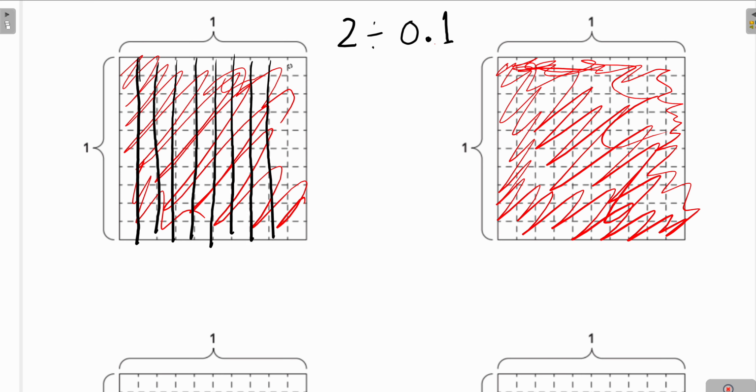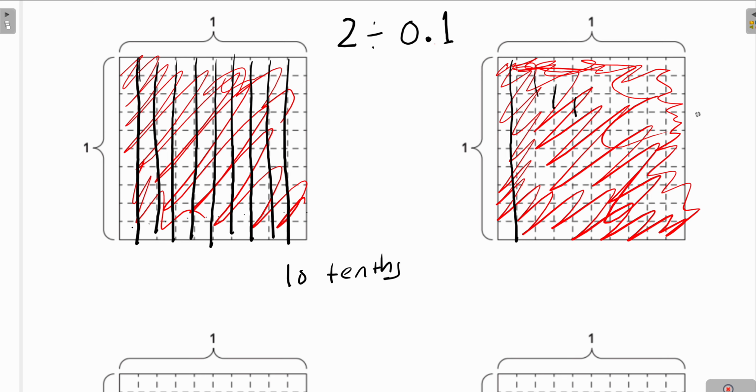So how many tenths am I going to have in the 2 wholes? Well, here I have 10 tenths, right? 1, 2, 3, 4, 5, 6, 7, 8, 9, 10. So here I have 10 tenths. And here, of course, I have the same thing, right? I'm not going to go ahead and do all of this, but you guys get the point, right?